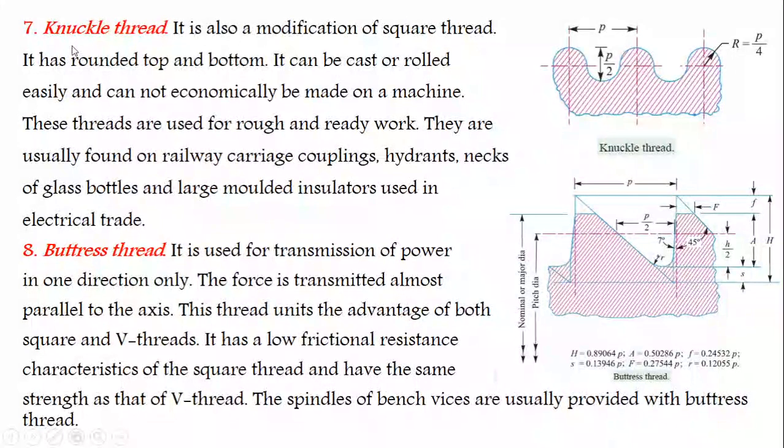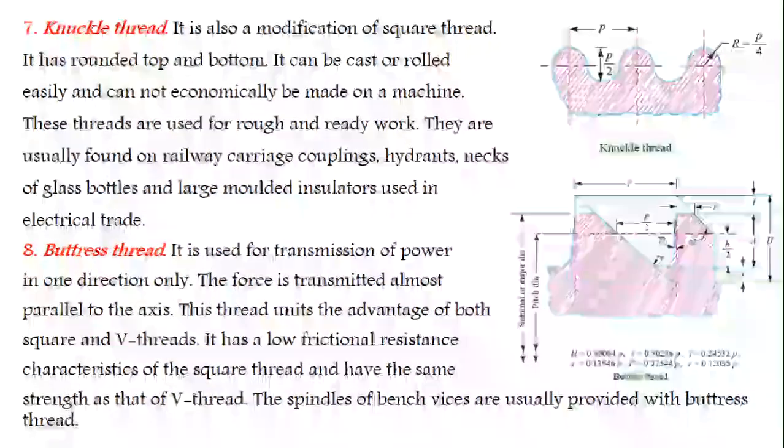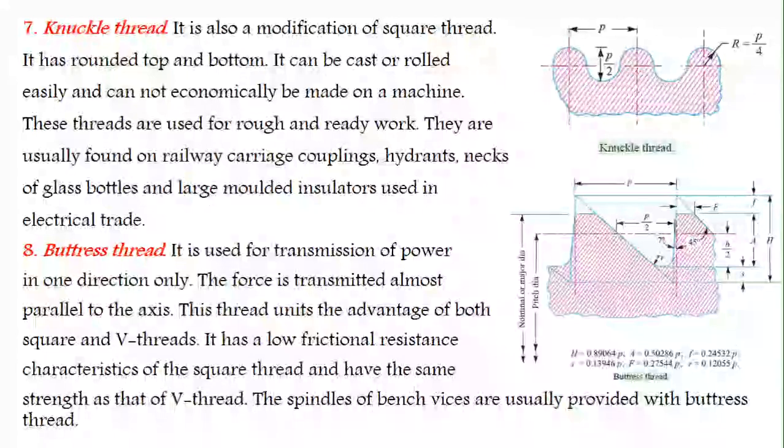Next is the knuckle thread. It is also a modification of the square thread. It has a rounded top and bottom. It can be cast or rolled easily but cannot economically be made on a machine, so they go for casting or rolling. The threads are used for rough and ready work.